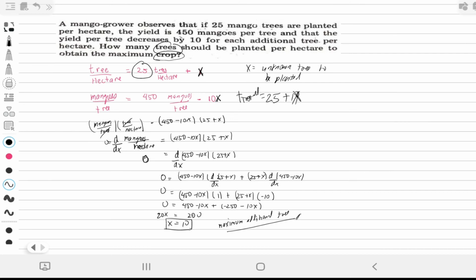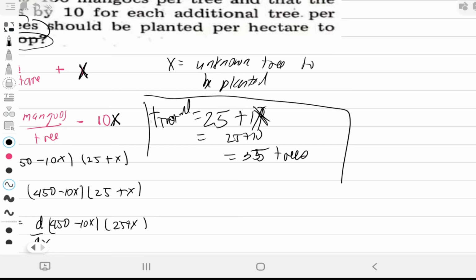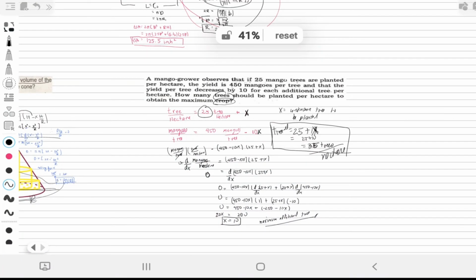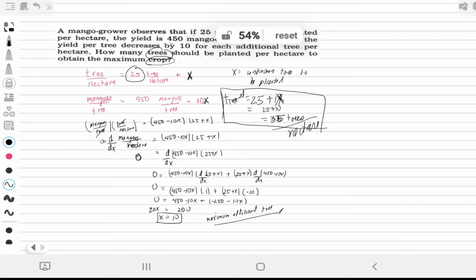So 25 plus x, which is equal to 25 plus 10, we will need 35 trees in order to have the maximum, 35 trees per hectare in order to have our maximum yield or maximum crop.